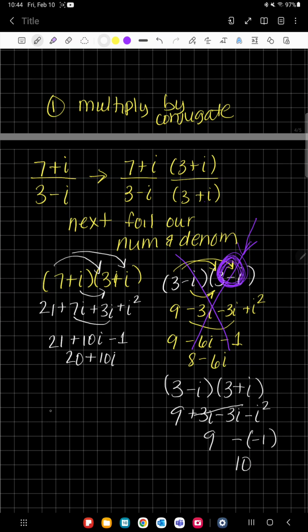So our numerator, that's so much better. 20 plus 10i, and our denominator is over 10.